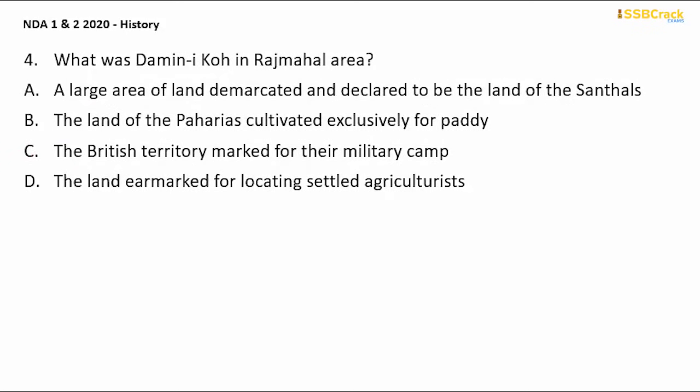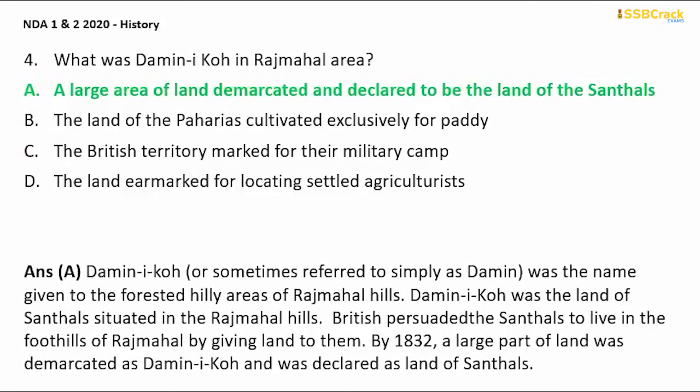Now the next question is, what was the Damin-i-Koh in the Rajmahal area? A. A large area of land demarcated and declared to be the land of the Santhals. B. The land of Paharias cultivated exclusively for paddy. C. The British territory marked for their military camps. And D. The land earmarked for locating settled agriculturists. So the correct answer for this will be A, a large area demarcated and declared to be the land of Santhals.